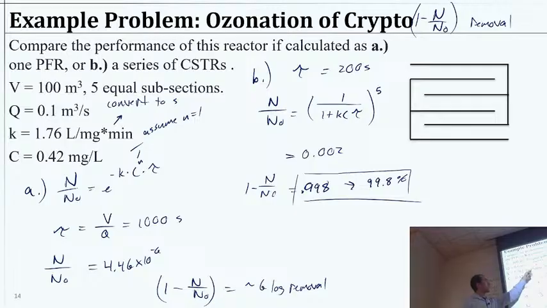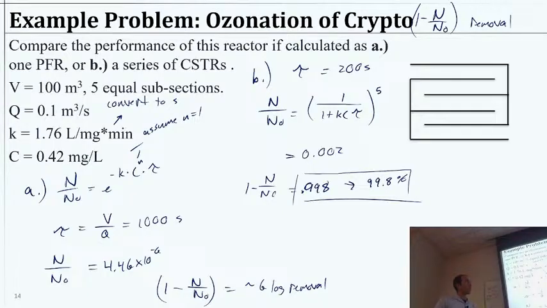We have to convert our K into seconds, divide that by 1 minute per 60 seconds, multiply by that rather. But otherwise, things are pretty straightforward. And that's essentially a 6 log removal, so that would have been writing out 0.9999999 something, right? So pretty long list of nines there.